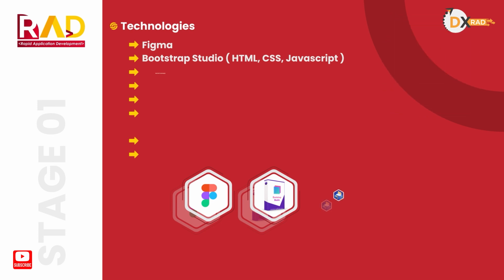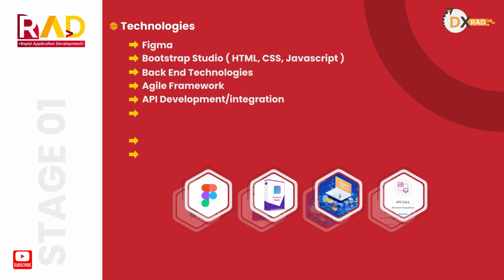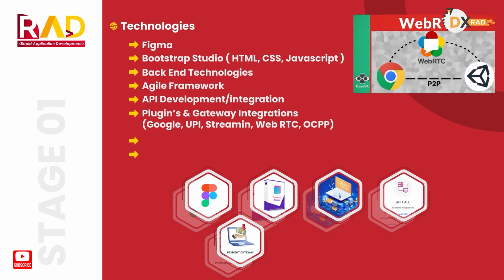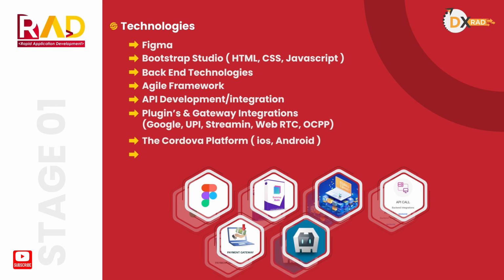Then we'll have backend technologies, Agile framework, API development or integration, plugins and gateway integrations like Google Pay, UPI, streaming, WebRTC, OCPP. Then we'll have the main heart of the program, the Cordova platform, which includes iOS and Android development. And lastly, the GIS platform.